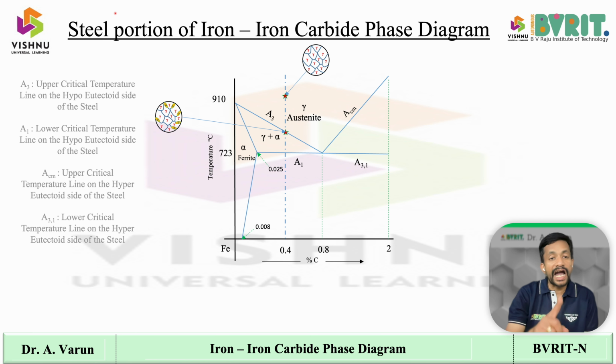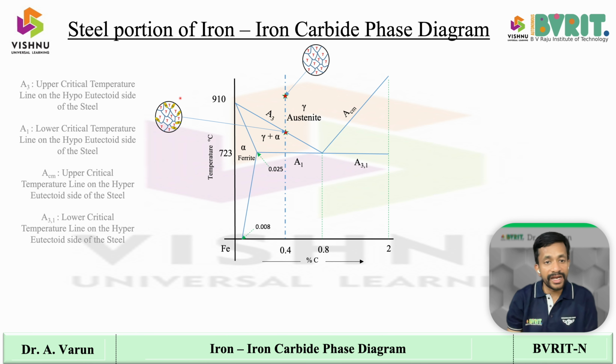Okay, so when the carbon is coming out, you can see here there is some portion of carbon which is coming out. That carbon starts to form alpha, which is nothing but ferrite. In order to form ferrite, it needs only 0.025% of carbon. So in this particular case, 0.4% of carbon is coming out, and it only takes 0.025% of carbon to form this ferrite, which is shown as the yellow portion here.